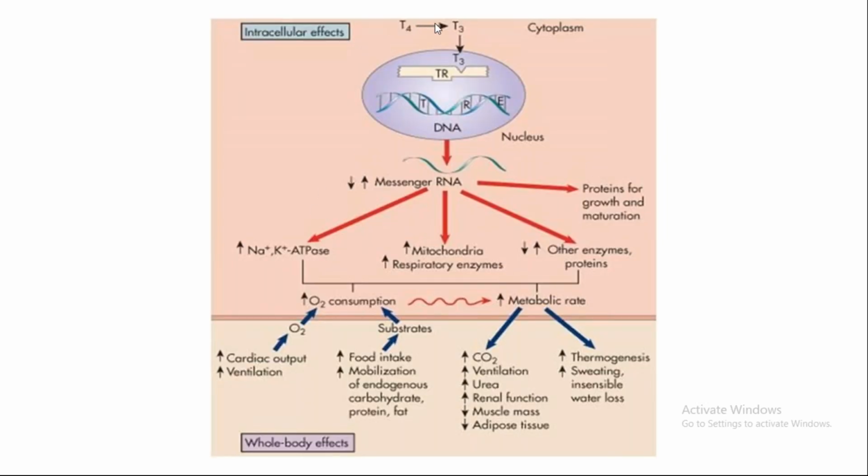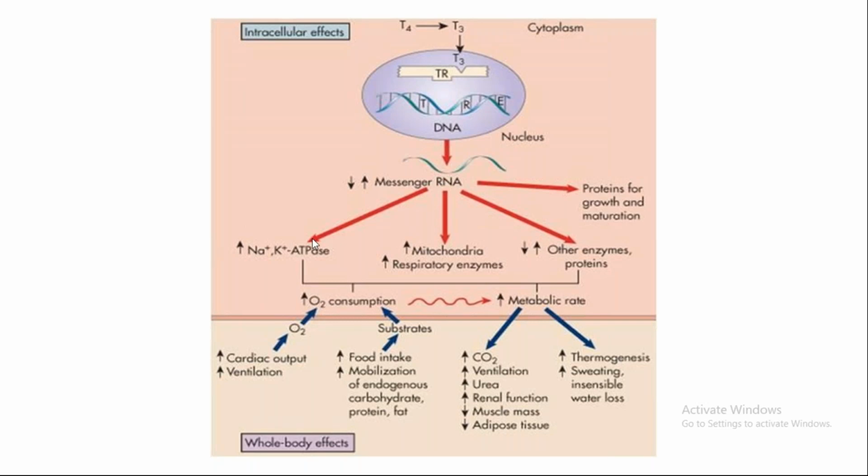This is the thyroid hormone which, after deiodination, enters the nucleoplasm and binds with the thyroid response element, and ultimately many messengers are formed. These messengers increase mitochondrial activity, and respiration enzymes are increased. Ultimately that will use the oxygen and the nutrients.